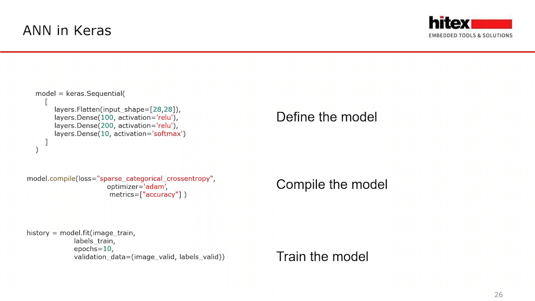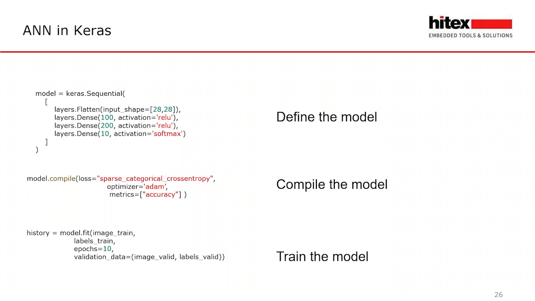We then have to compile that model. So we define the loss function and the optimizer for the gradient descent algorithm. In this case, we're using one called Adam, which detects local minima, so we don't get stuck in a side valley.